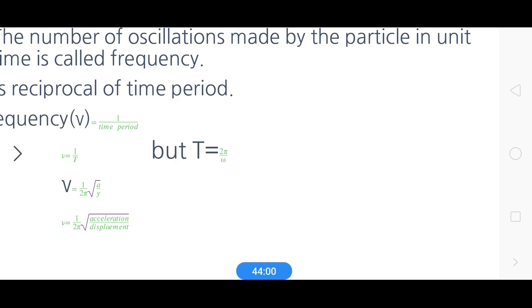Omega we already got as under root of a by y. So the frequency mu is equal to 1 by 2 pi under root of acceleration by displacement, is the frequency of the particle executing SHM. The units are hertz or second inverse.